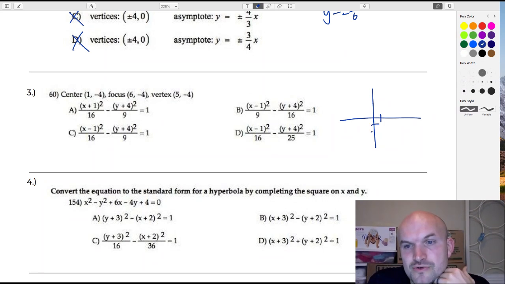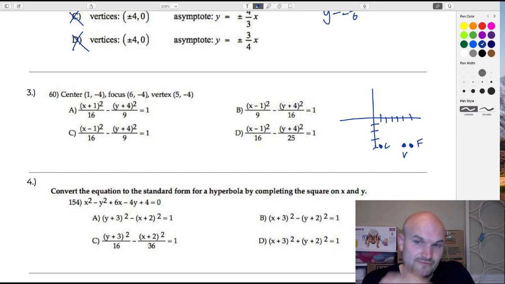So we have 1, 2, 3, 1, 2, 3, 4. So that's my center. My focus is at 6, 4. 1, 2, 3, 4, 5, 6. And then my vertex is at 5, 4. Okay, so obviously, guys, if we were to reflect these over, we would know that it'd be something over here, right?